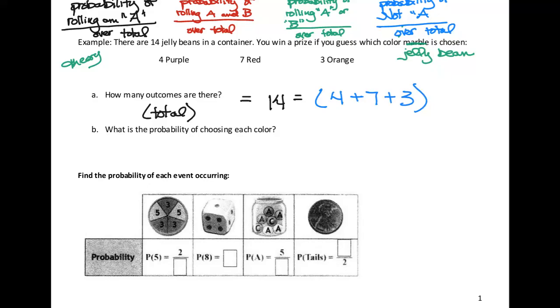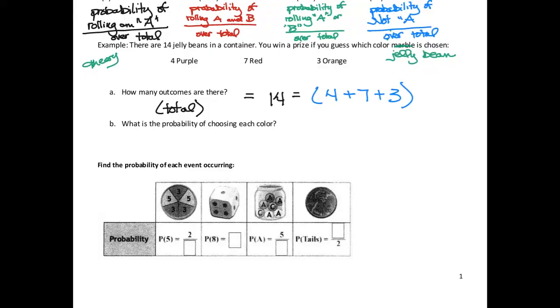Any questions about that? So according to our probability, where is that number going to go in my fraction form? In the numerator or the denominator? If that's my outcomes, my total, it's always going to go on the bottom, right? So what's the probability of choosing each color? Well, let's see.